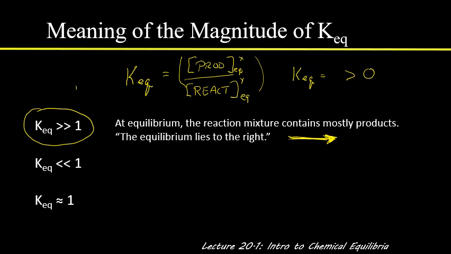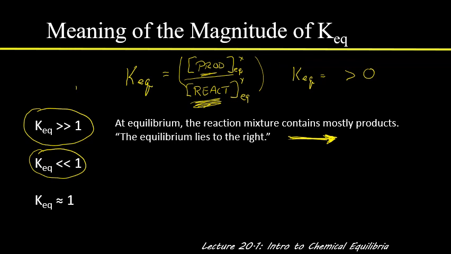The opposite case, I guess we could say, is when the equilibrium constant is much, much less than 1. So this is things like 10 to the minus 6 or 10 to the minus 20. In a case like that, the concentration of the reactants is going to be much bigger than the concentration of the products.